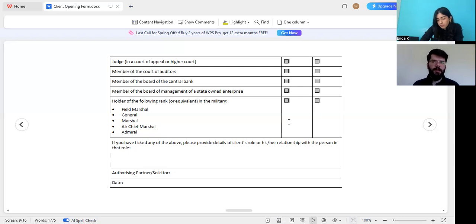So you need to be very careful if your client falls into the category of persons or associated with persons of this list. You need to check it. If it is, then you need to report it, or you do your enhanced due diligence and then report it, or don't report it. It depends on that enhanced due diligence.